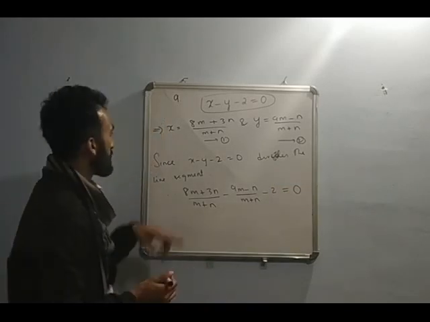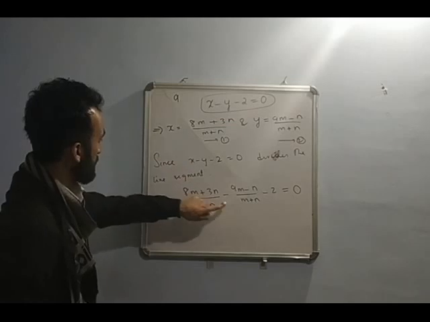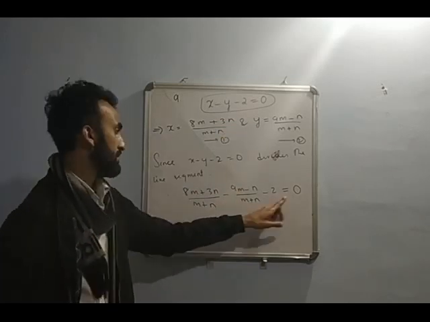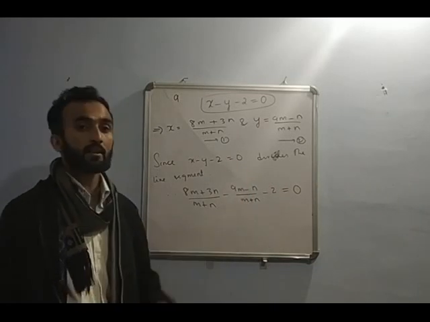In place of x, I put this. Minus is minus. In place of y, I put this. Minus 2 is as it is, equal to 0. I'll solve this one and I'll get the ratio.